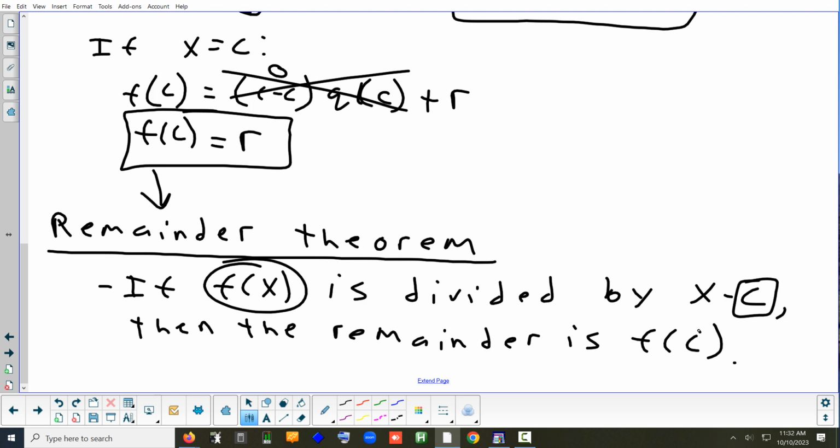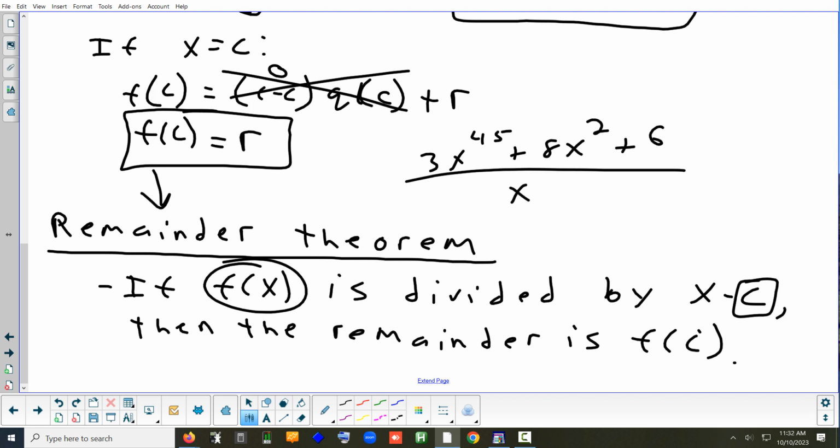So now I could give you a problem like this. You should be able to get the remainder there in under 15 seconds with a calculator. If you're trying to do that with long division, remember, you have to represent every power from the highest to the lowest.